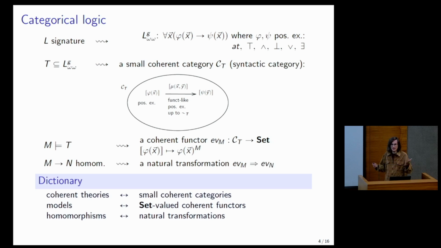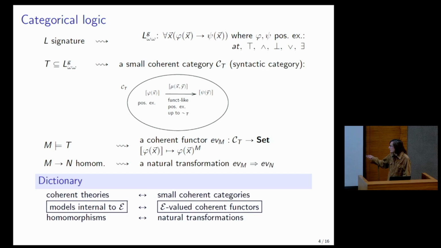And you can identify theories with those things. Then models will be the same as set-valued coherent functors, just functors which preserve these finite limits, finite unions, and effective epimorphisms. And the homomorphisms will be the same as natural transformations. So there's a dictionary between classical model theory and category theory.